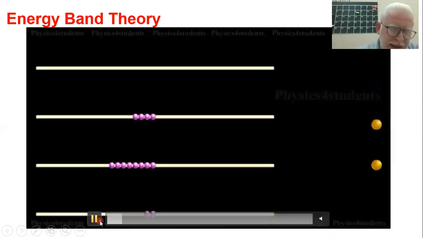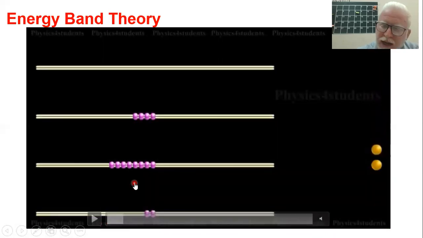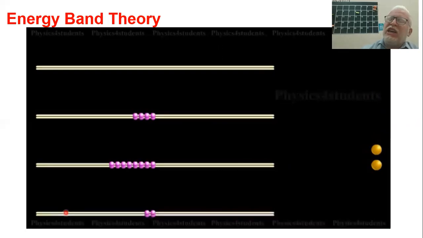Then this silicon atom has a first neighbor, which has its own energy levels. That's why we now have what's called overlapped energy levels. As you can see, each 2 energy levels with the same energy are overlapped together.